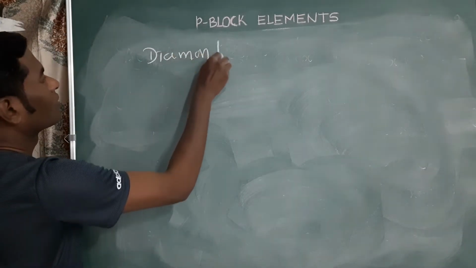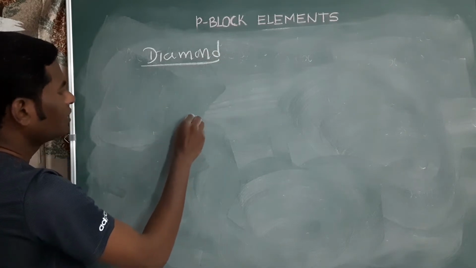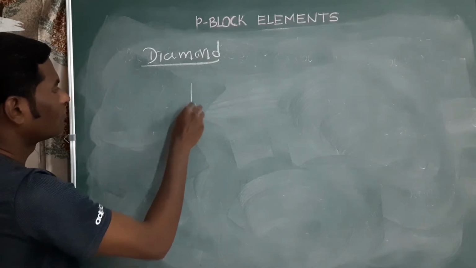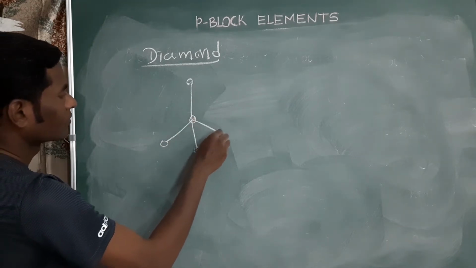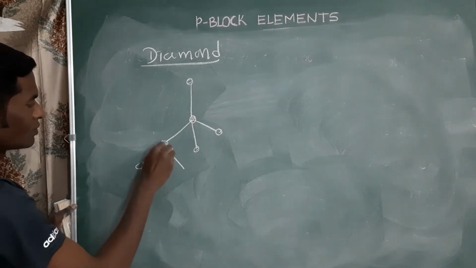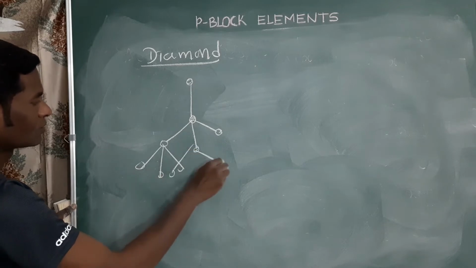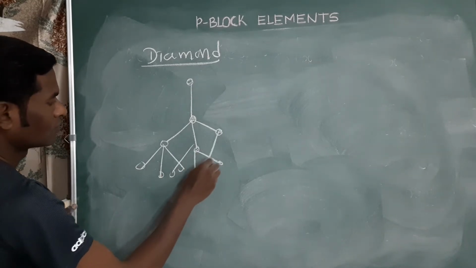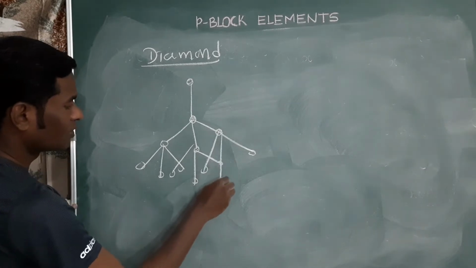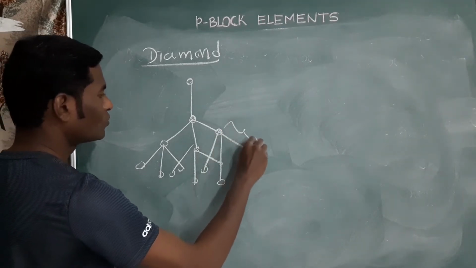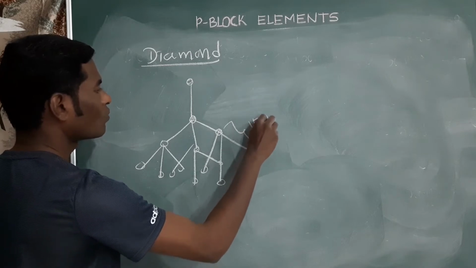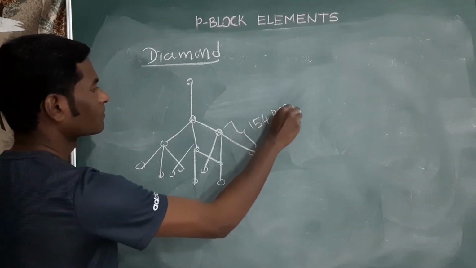Diamond. In diamond, each carbon is bonded with 4 other carbon atoms. The distance between 2 carbon atoms in diamond is 154 picometer.